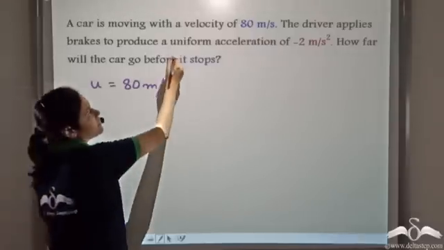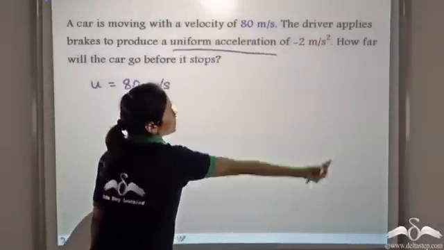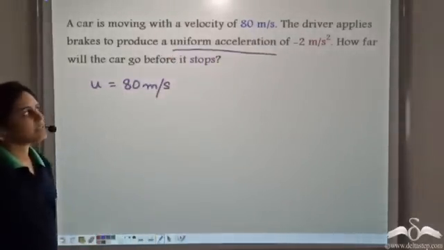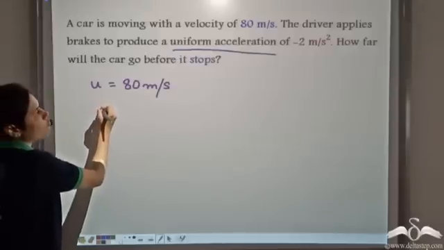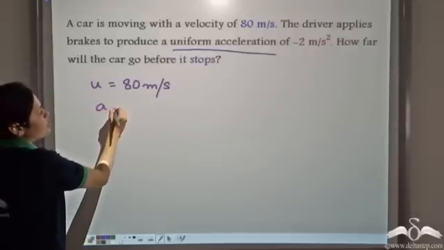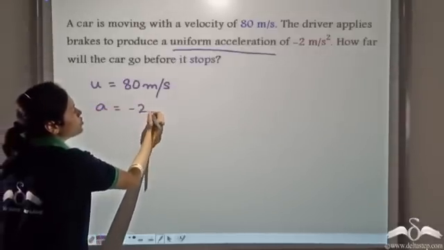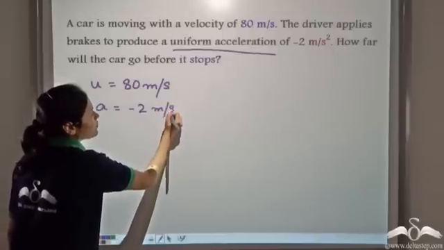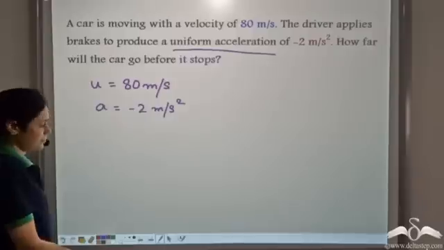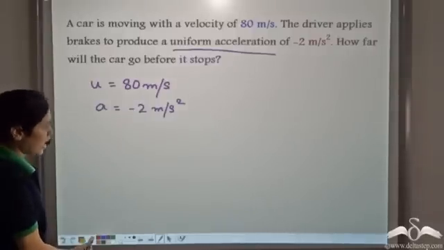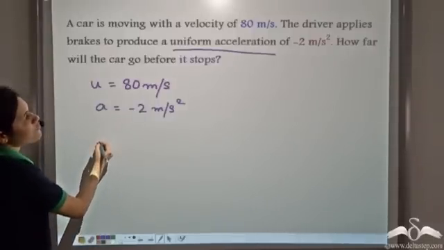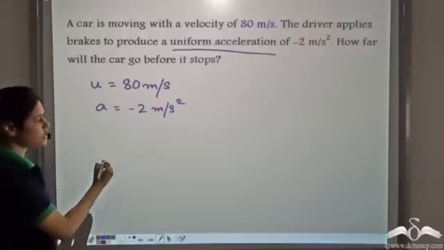Now, since it is given that it is moving with uniform acceleration, we can use equations of motion. So, acceleration is minus 2 meters per second square. And how far will the car go before it stops?